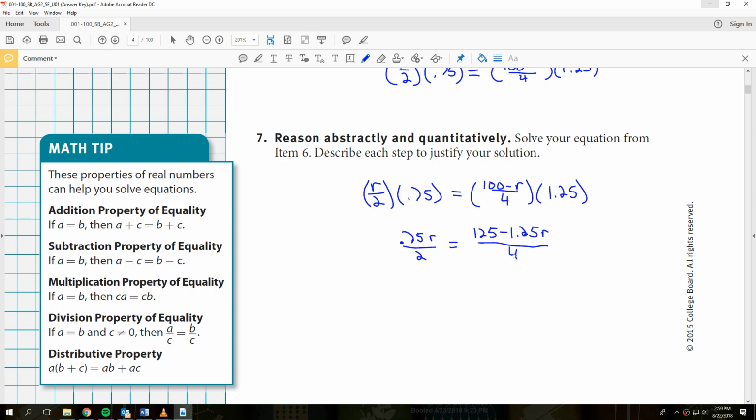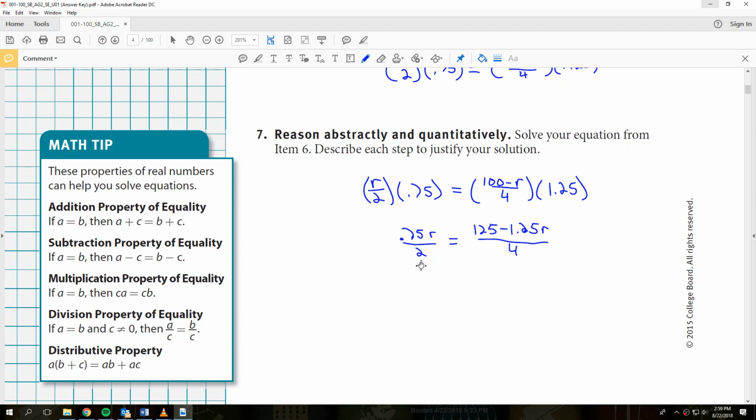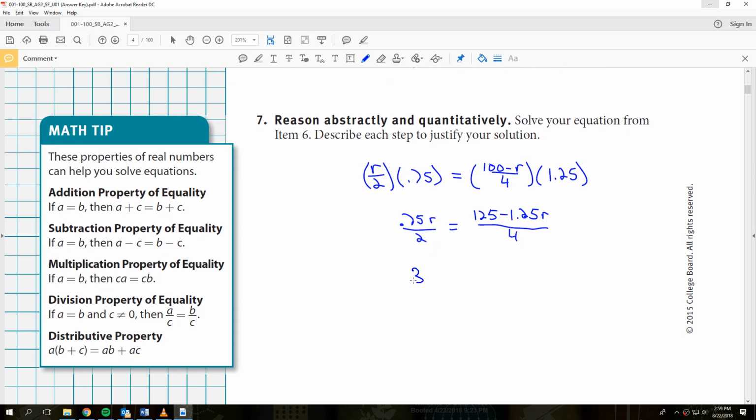So I'm going to say 4 times 0.75R, and that would be 3R on this side, is equal to 2 times this quantity, so I need to distribute 2 to this binomial right here, 125 minus 1.25R. So 2 times 125 would be 250, minus 2 times 1.25, which would be 2.5R.